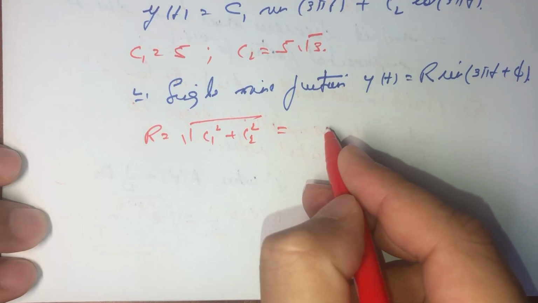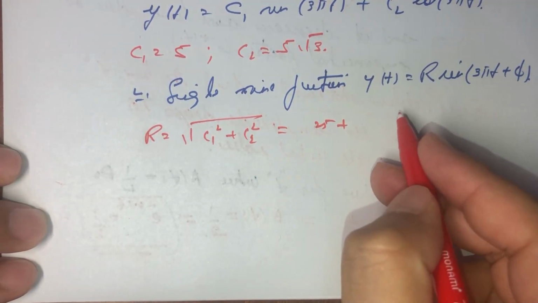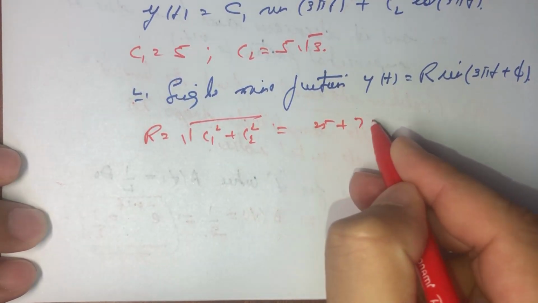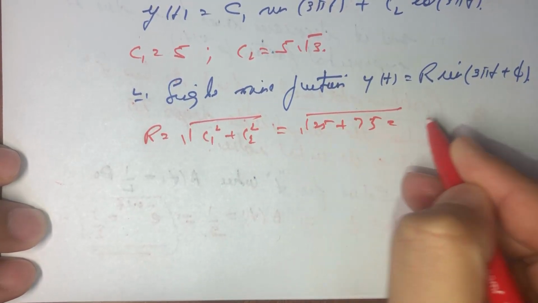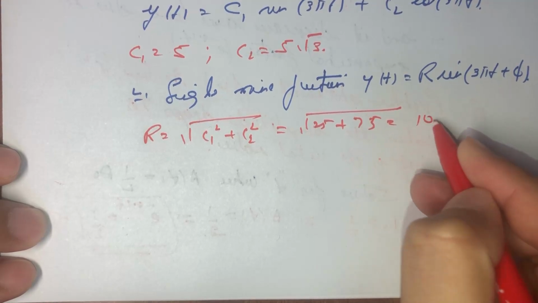So this gives us the square root of 25 plus 75, which comes to 10.